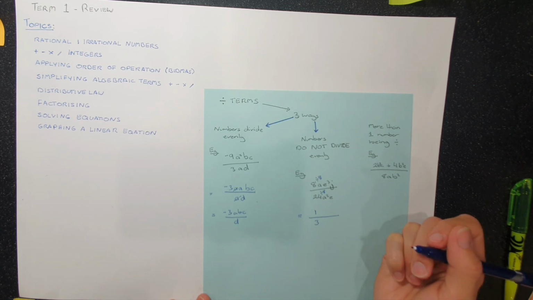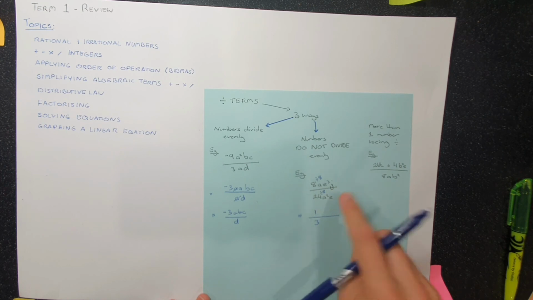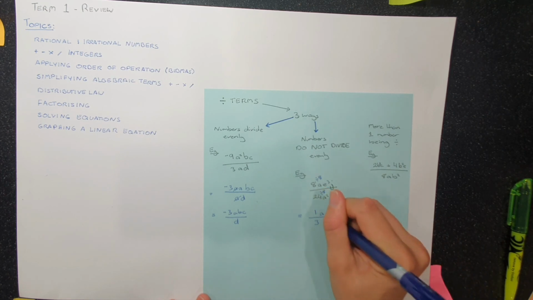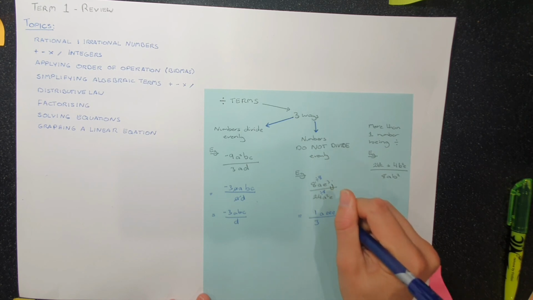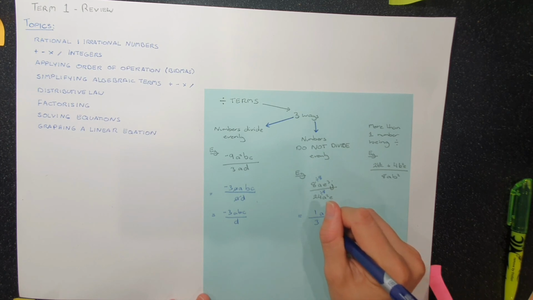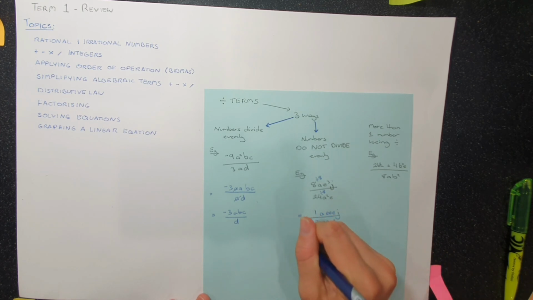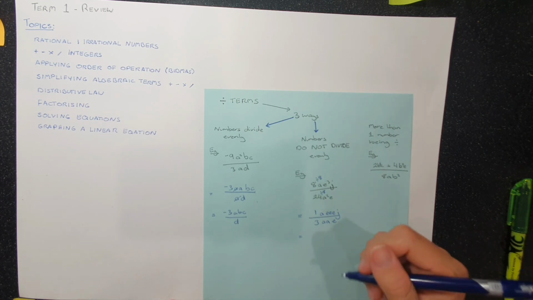Now that I've divided the numbers, I do the same process as before. I expand my letters. On the top line, I've got A, E to the power of 3, so 3 E's, and a J. On the bottom line, I've got A squared, so 2 A's, and an E. I cross out everything that matches on the top and bottom line.